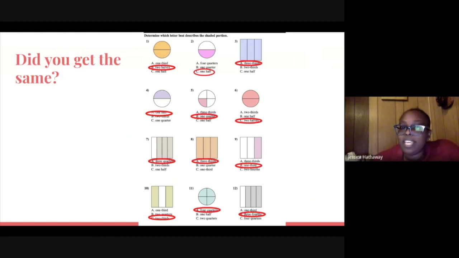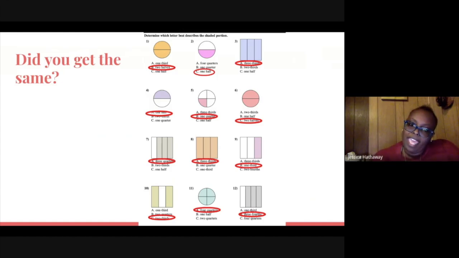Did you get the same thing that I have here? Number 1 has 2 halves. You see that there are 2 halves shaded. Number 2 has 1 half, only the pink part that's shaded. And number 3, there are 3 halves. There are 3 parts shaded. Number 4, 1 half. Number 5, 1/4.